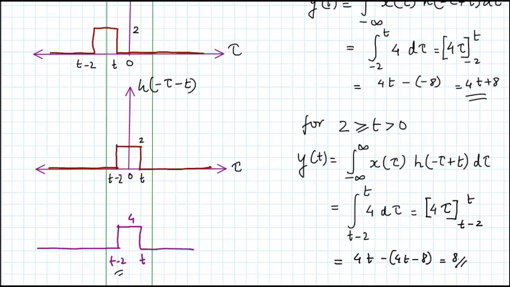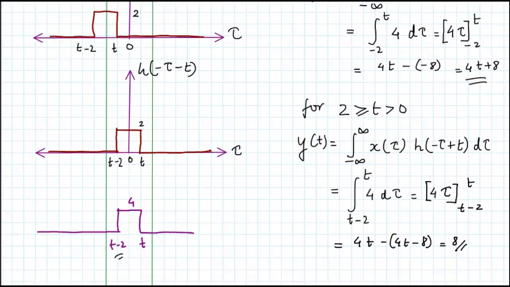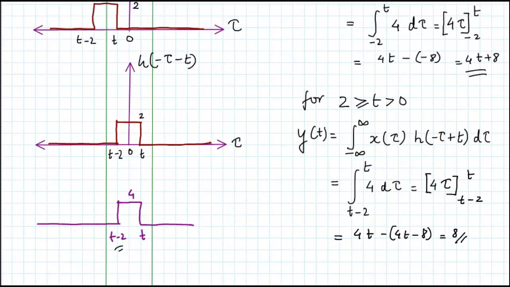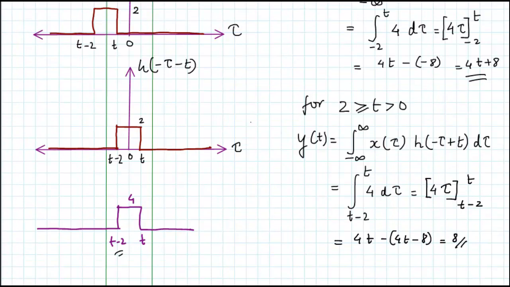So between 0 and 2 the value is going to be 8. Then we move further until the front end basically goes and touches this and moves even beyond that.